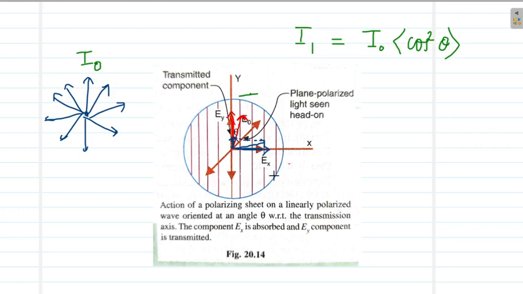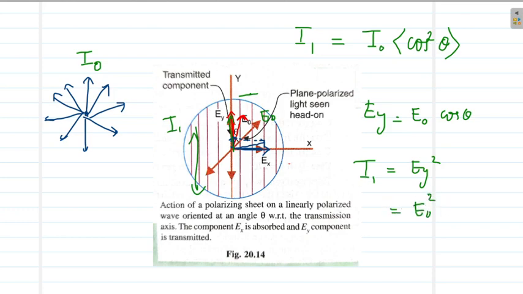Since there are a lot of electric field components, suppose E0 is the electric field vector of the incident ray, and there are a lot of E0 vectors along all the directions. So the EY is simply E0 cos theta, and I1 is equal to EY square, because EY will be passing through this polarizer, and I1 is the intensity of the transmitted light. So that is equal to E0 square cos square theta.